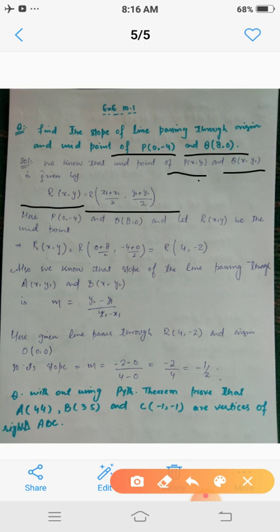Here the given points P of 0, -4 and Q of 8, 0 imply that x1 is 0, y1 is -4, x2 is 8, y2 is 0.